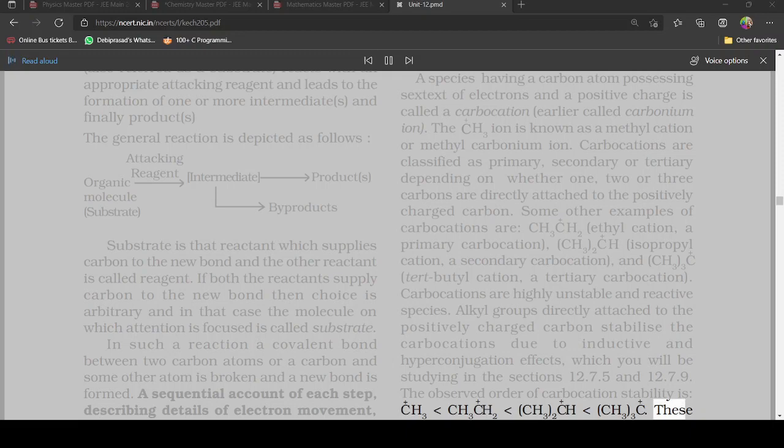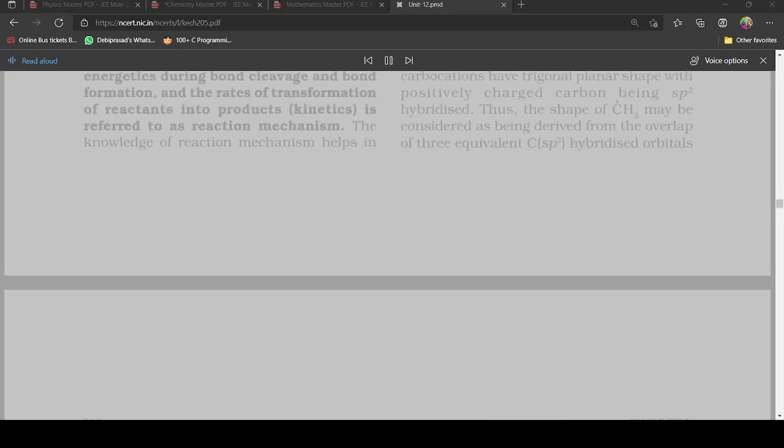These carbocations have trigonal planar shape with positively charged carbon being sp2 hybridized. Thus, the shape of CH3+ may be considered as being derived from the overlap of 3 equivalent carbon sp2 hybridized orbitals.